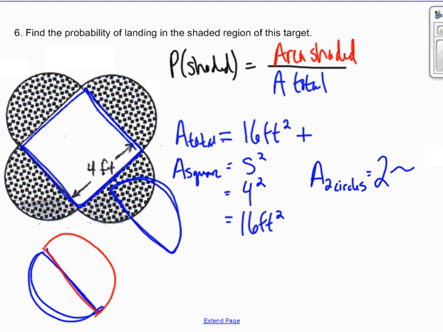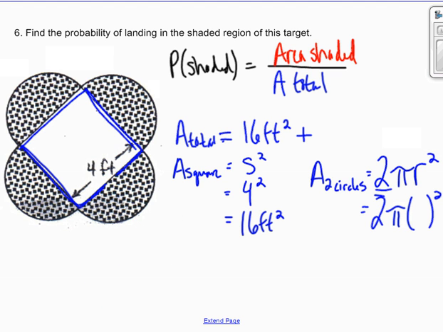So 2 pi r squared I need for that one, because there's 2 circles. Now I need the radius. Looks like the radius would be 2. If I type that in my calculator, I would get 25.1 feet squared for the 2 petals.